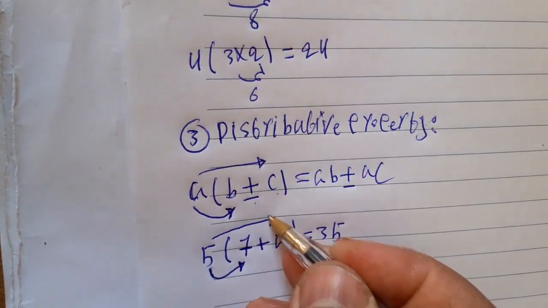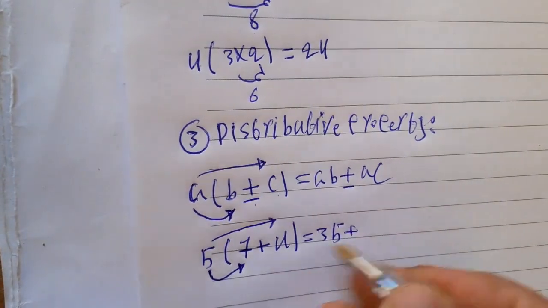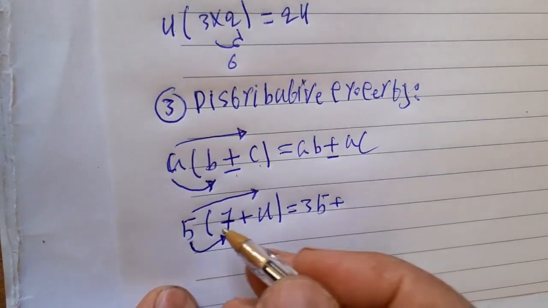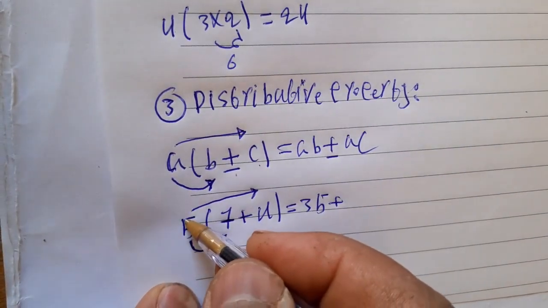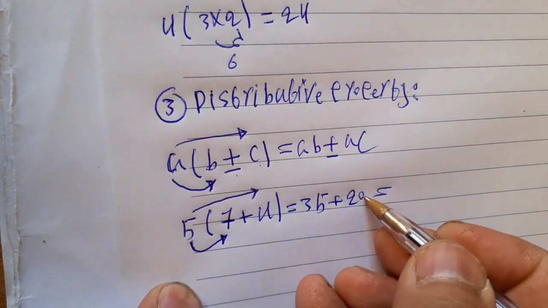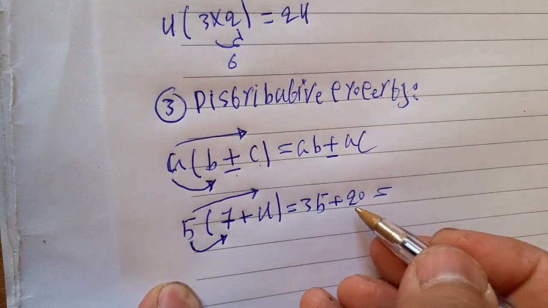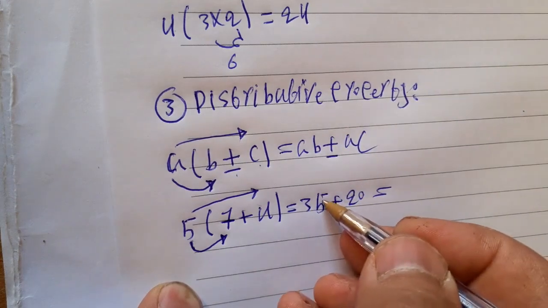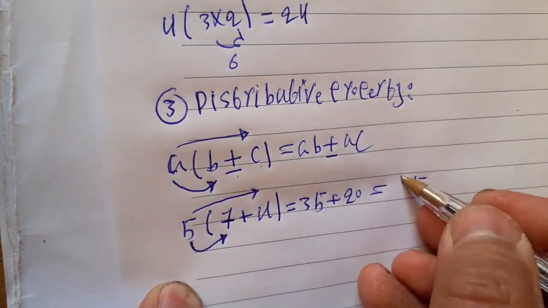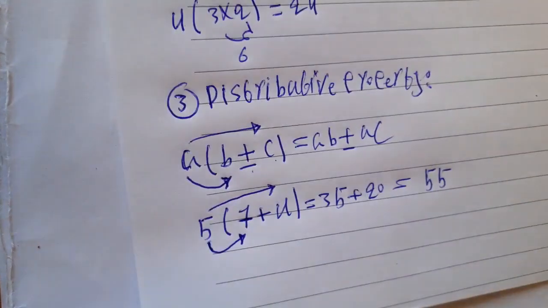And then 5 with a positive sign. And then 5 times 4 is 20. 35 plus 20 is 55.